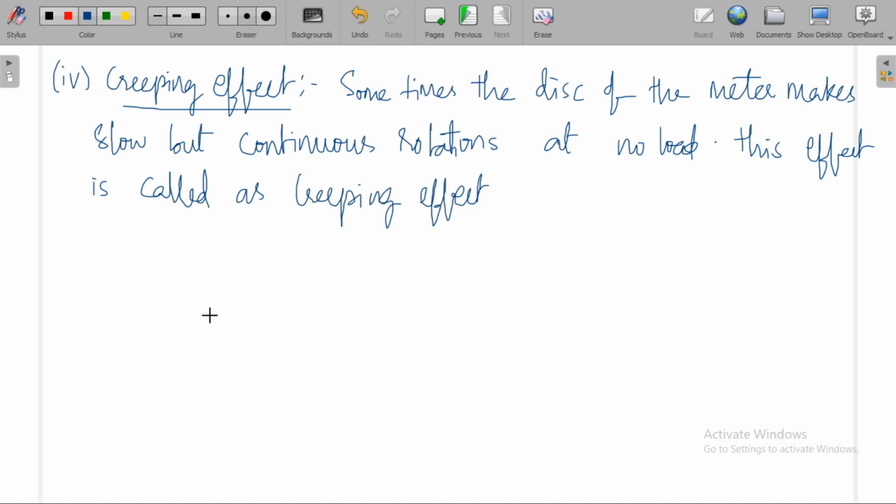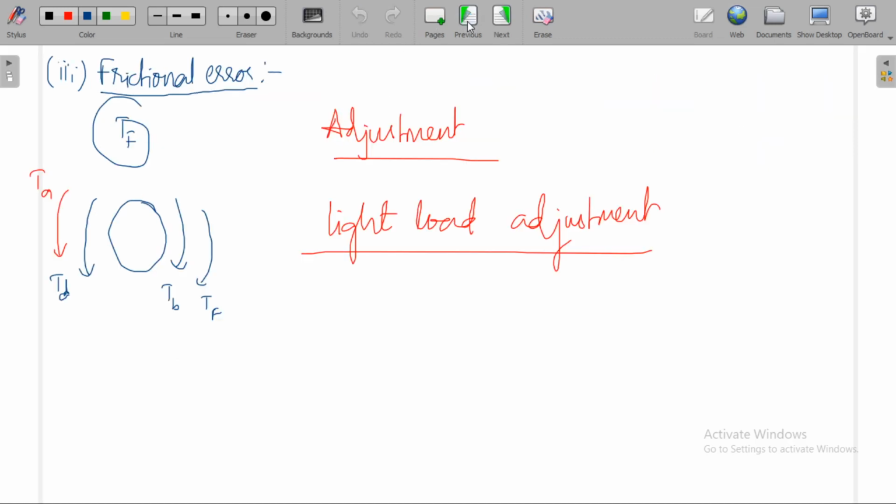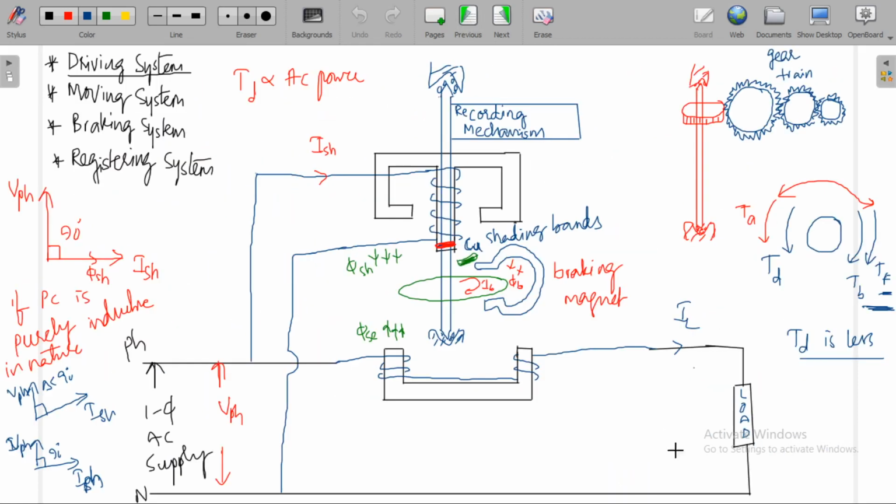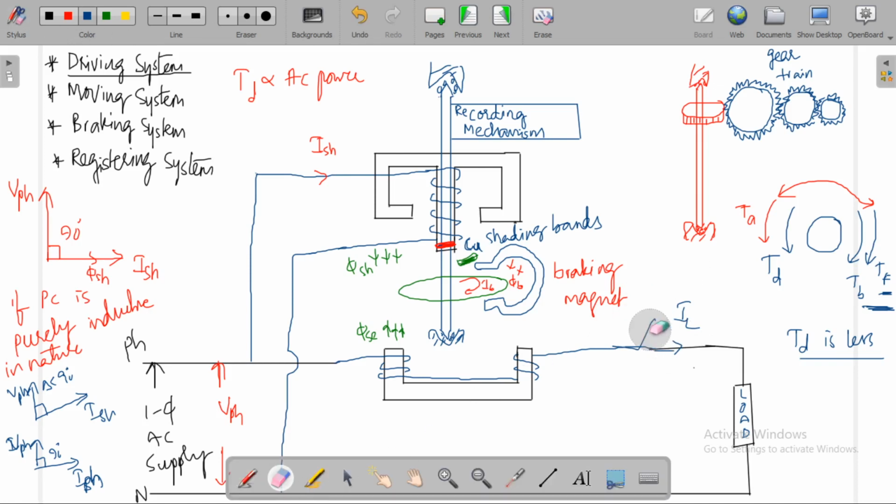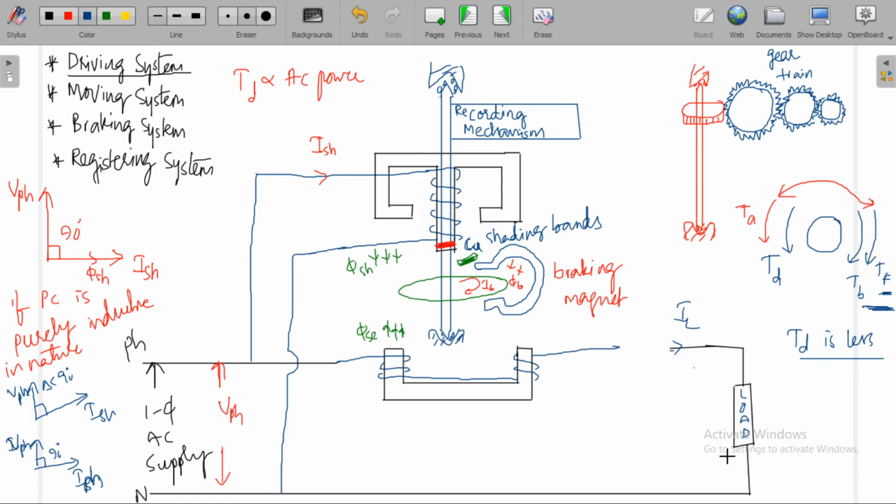At no load conditions means when no current is flowing through the load. Let the load get opened. If it gets opened, then no current will be flowing through the load, which means only the pressure coil is excited.